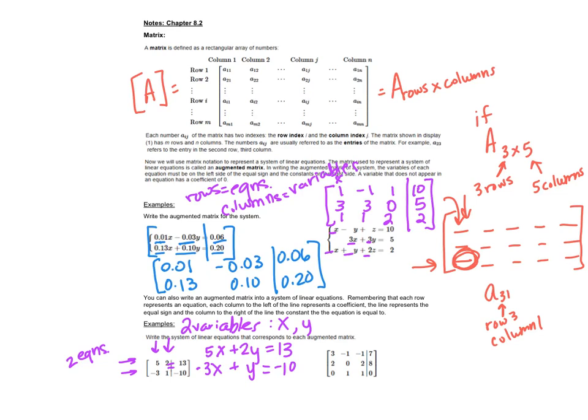This time I'm going to have 3 variables, so I'm going to use the variables x, y, and z. Okay, then I have 3 equations. So starting with my first equation, I'm going to have 3x minus y minus z equals 7. Then I'm going to have 2x. I don't have a y.